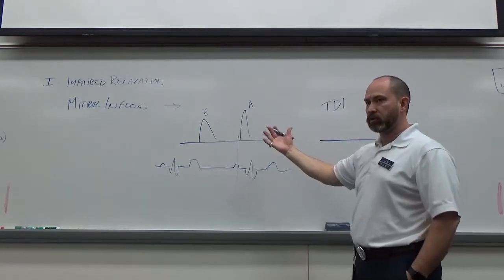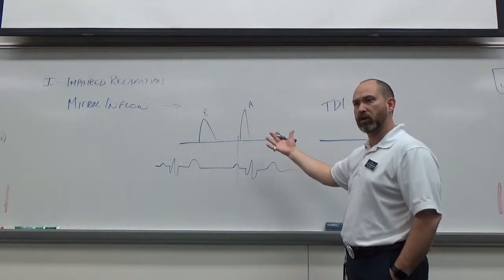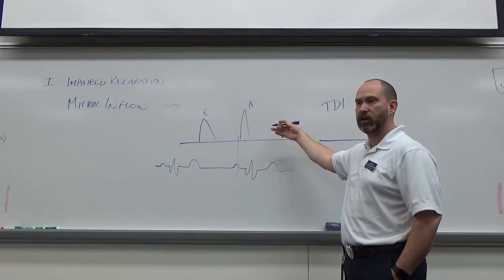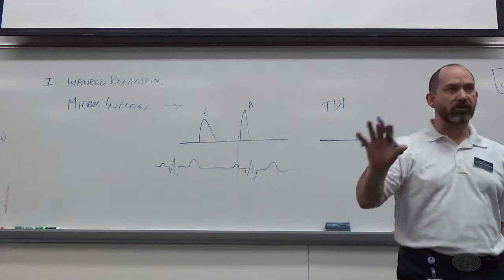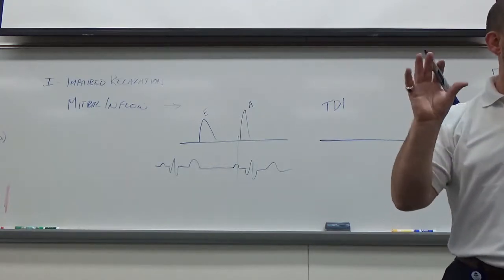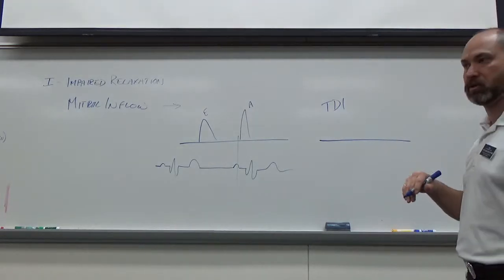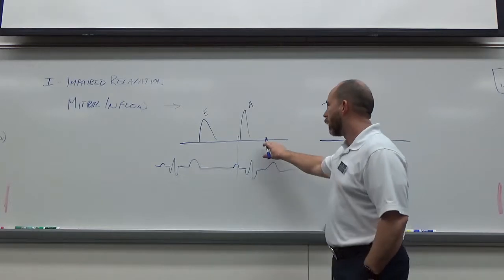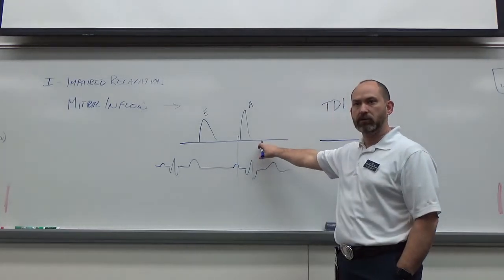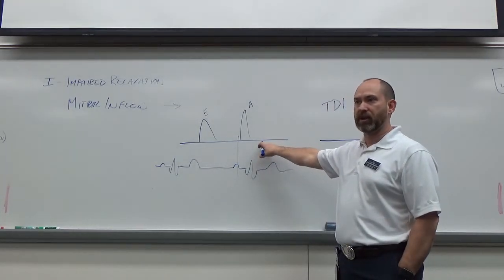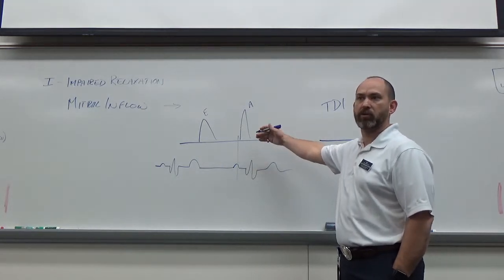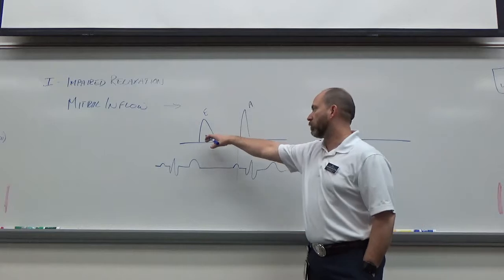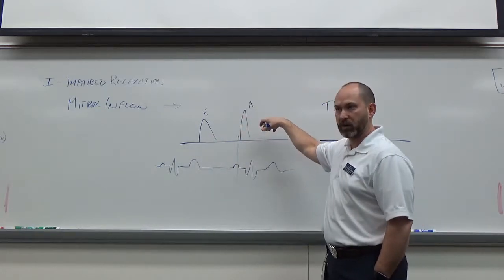So as I talk through this too, tell me how you want to set up your Doppler. What kind of baselines and scales do you think you want to have on this? So we'll say it's just a normal valve as far as the function of the valve goes. So it's not stenotic or anything like that. Baseline up or down on this? So bring it down. Remember, never right to the bottom or the top, but this is going to come down most of the way because all I'm interested in is this side of the baseline.